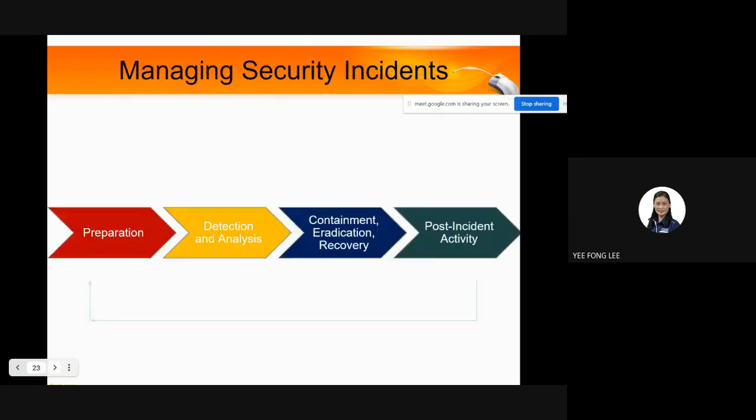Next, we look at managing security incidents. So we look at preparation, detection, analysis, recovering, and post-incident activity.